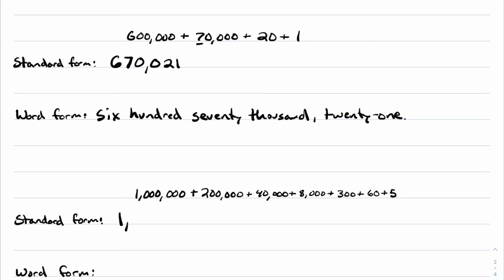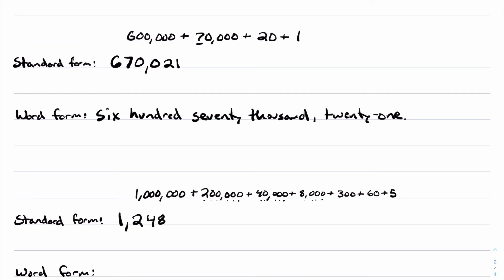Then we have 200,000. If you can count each digit in there, 1 2 3, 1 2 3, so we know that this is going to go the furthest left in that period, right? And then we have 1 2 3 4 5, so we know that's going to be next to it, or 40,000. And then 1 2 3 4, that's going to go right next to it.